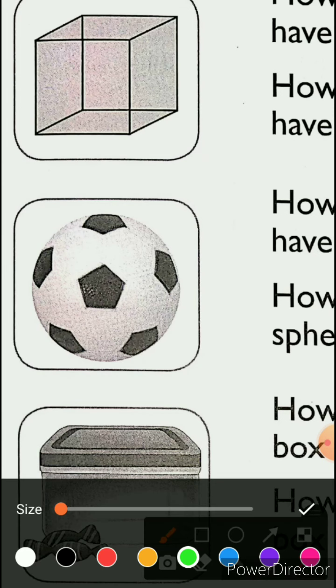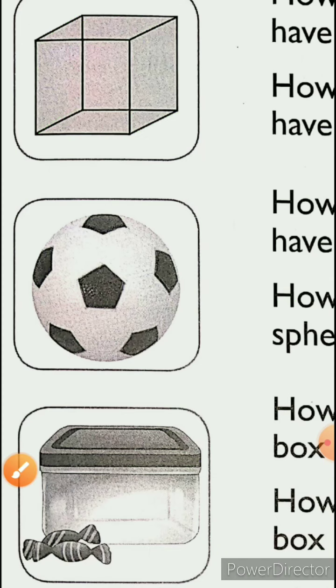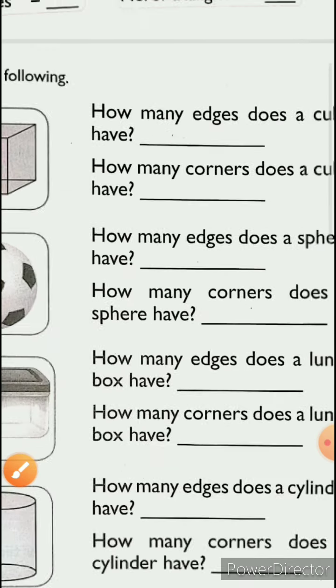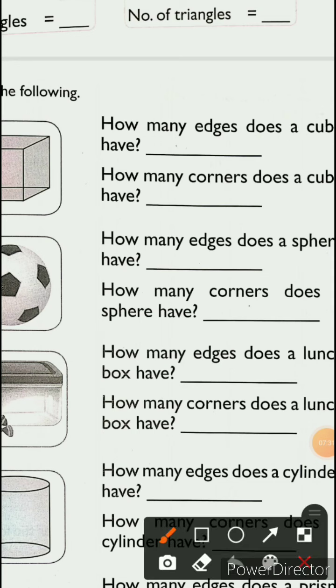That is your first, second, third, fourth, fifth, sixth, 7, 8, 9, 10, 11, 12. So in a cube the total number of edges is 12. The answer is 12.